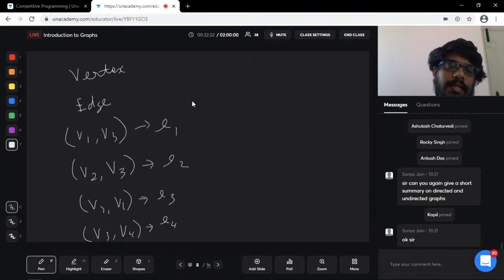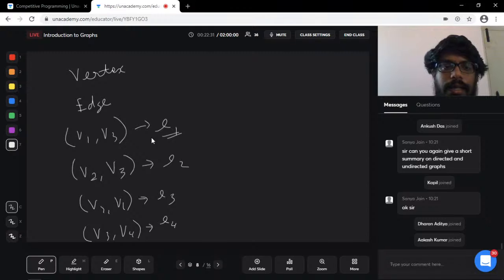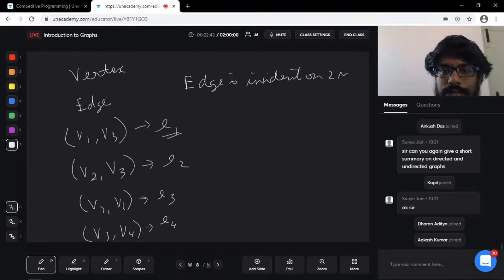One terminology we use is that of adjacency. We say that this edge E1 is incident on these 2 vertices. Incident is the word.